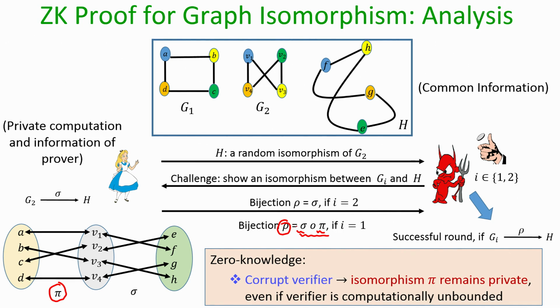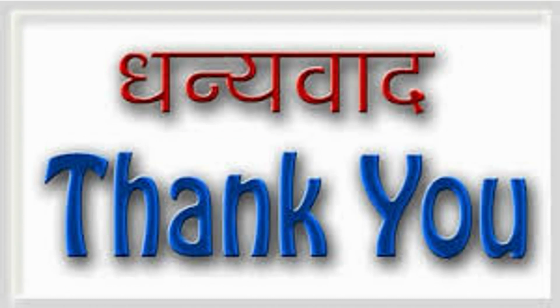And since sigma is randomly chosen in each iteration independent of all the iterations, even if a malicious verifier keeps on challenging Alice with i equal to 1, it will fail to learn about the secret mapping pi, and this holds even if the verifier is computationally unbounded. So, in that sense a malicious Bob does not learn anything about the secret witness pi available with Alice.